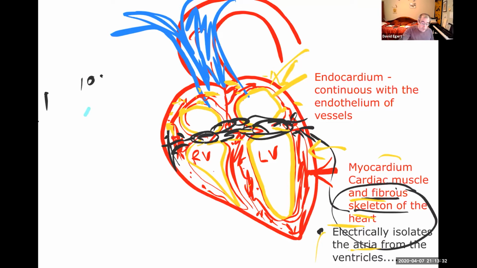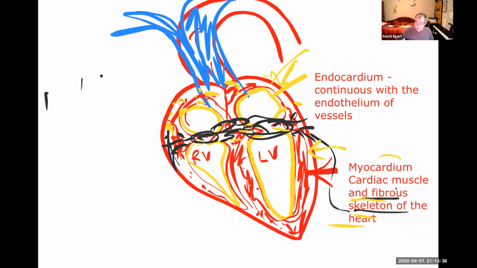All right, and then the other thing we need to add into our picture here. We have the myocardium, which is the meat. The endocardium is the lining on the inside. But then we have the outer part. What is the name of the serous membrane that surrounds the heart? We talked about this in the very beginning of the semester.